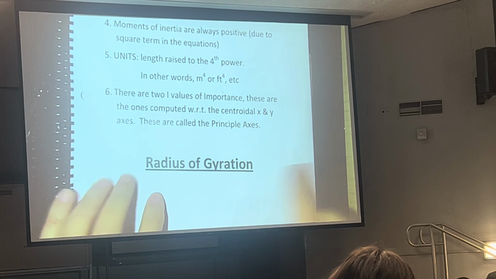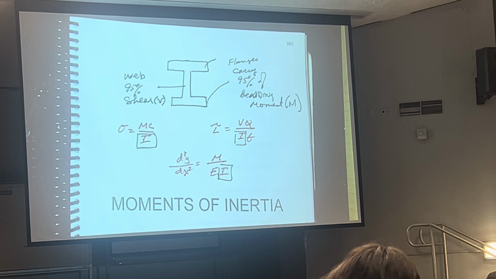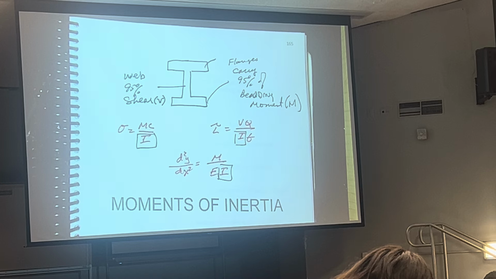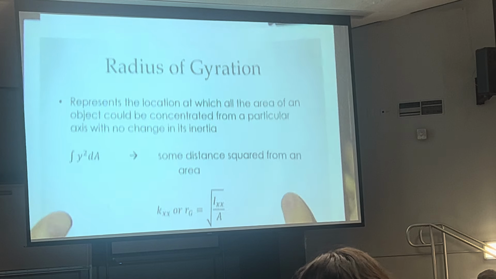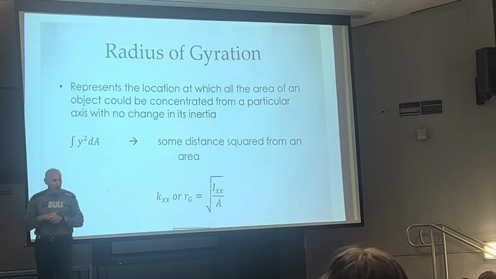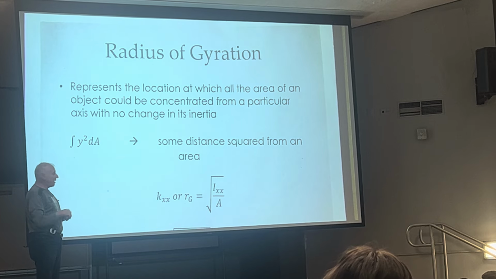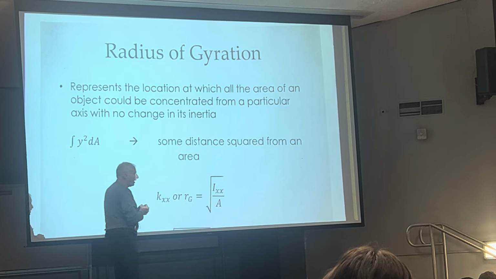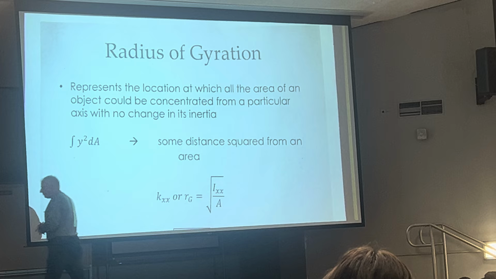All right, radius of gyration, another trumped up number that we human beings made up. What is the radius of gyration? Here's the definition: the location at which all the area can be concentrated from a particular axis with no change in the I value.